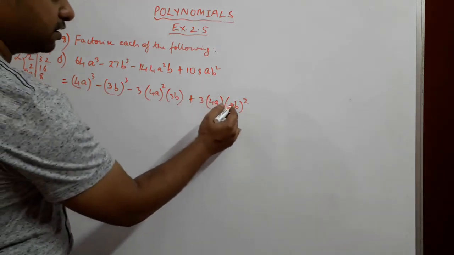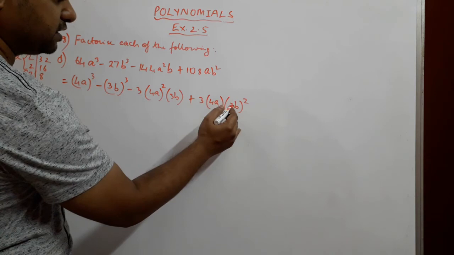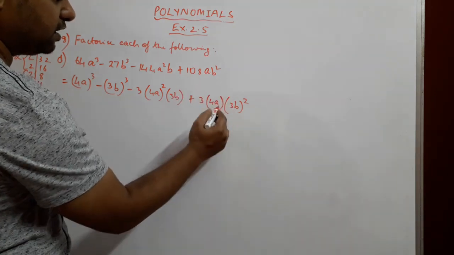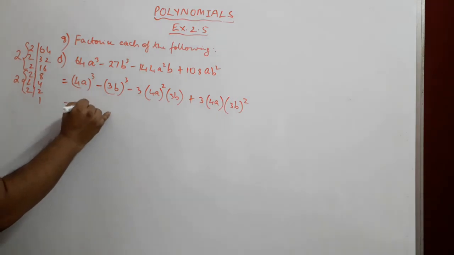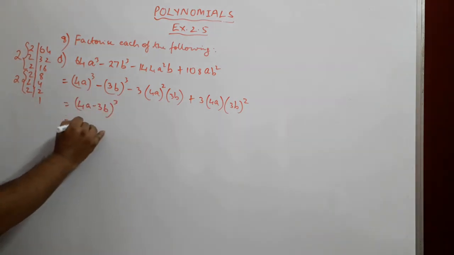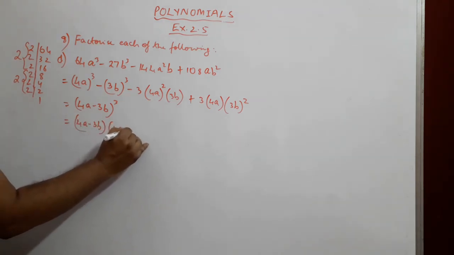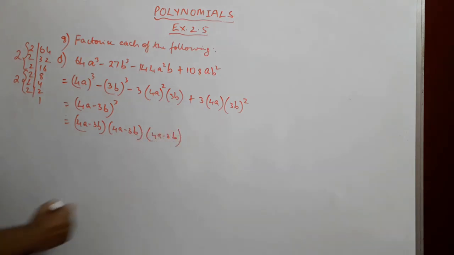And over here 3 square is 9, and 4 into 3 is 12. 12 9s is 108, 108ab square. So we can write this as 4a minus 3b the whole cube. Can also be written as 4a minus 3b into 4a minus 3b into 4a minus 3b.